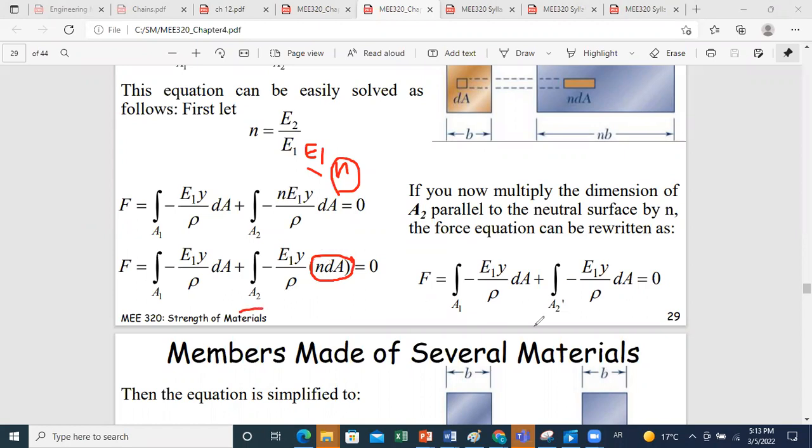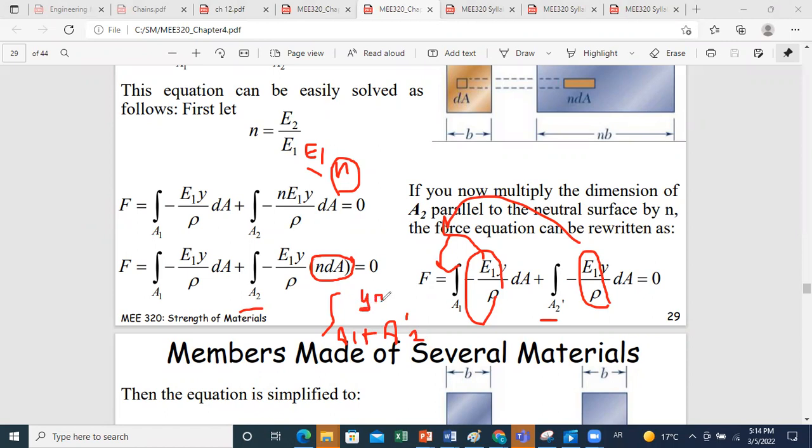And then we can take minus E1 over rho outside of the integral for the two terms, and say that we are integrating over the whole area A1 plus A prime 2. Okay, we are then integrating y dA.